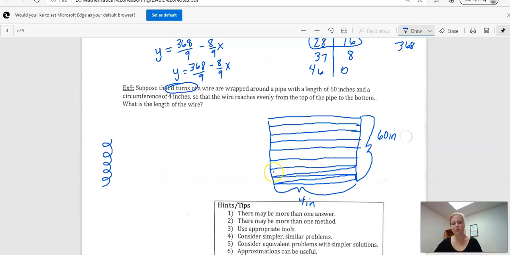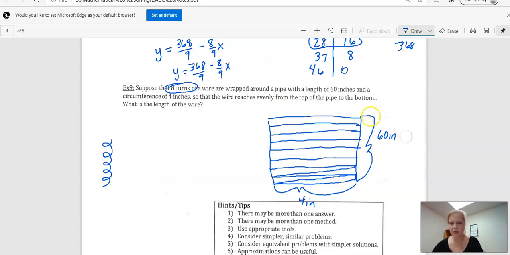Every time we draw one of these little triangles, there's the wire going up again. So here's the wire, then it wraps back around, going up, and then I would have another one and it would do that all the way up. That would be the circles that are going around.